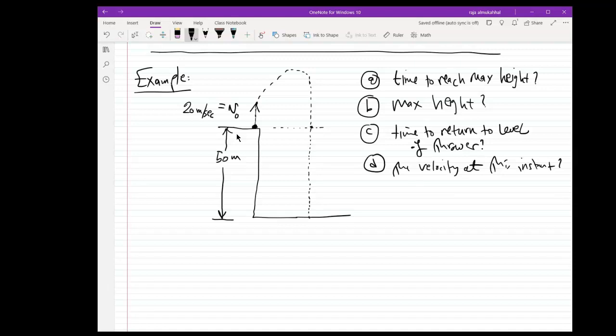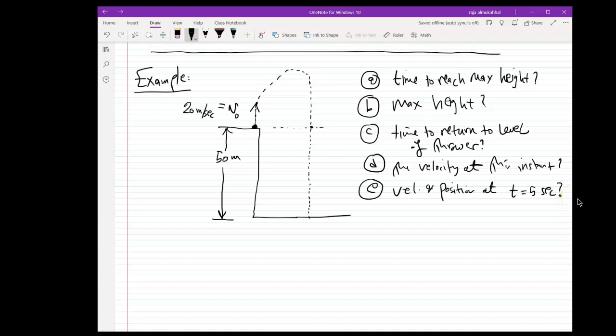I'm talking about the level of the thrower, that is. And then the last part is velocity and position at t equals 5 seconds. That's basically what the problem is.